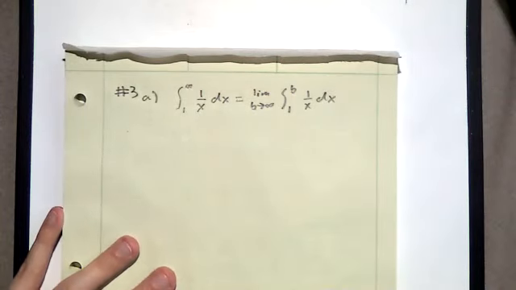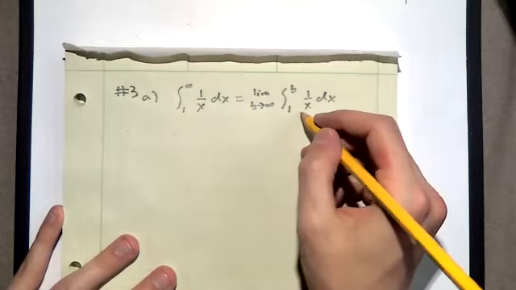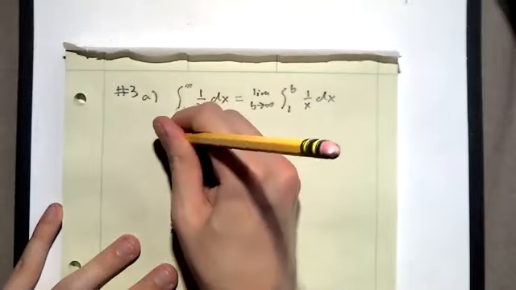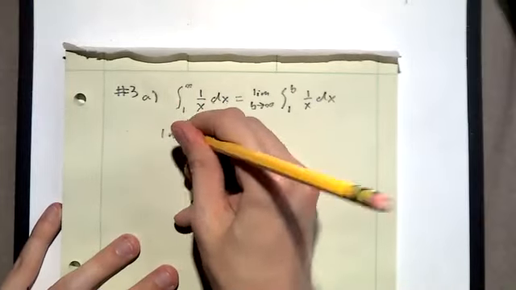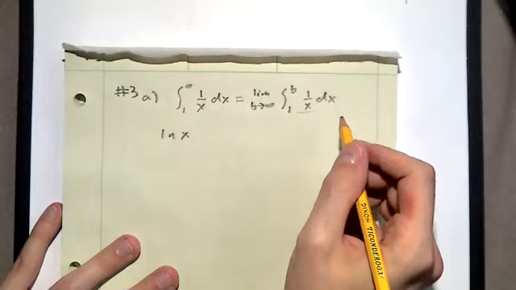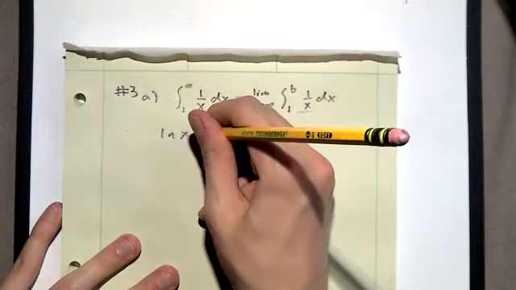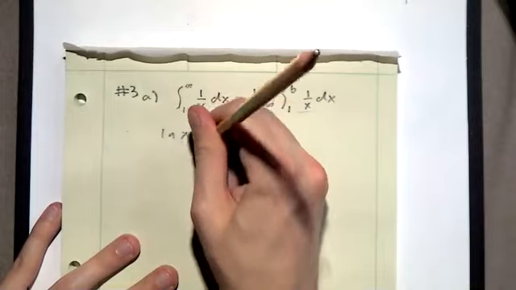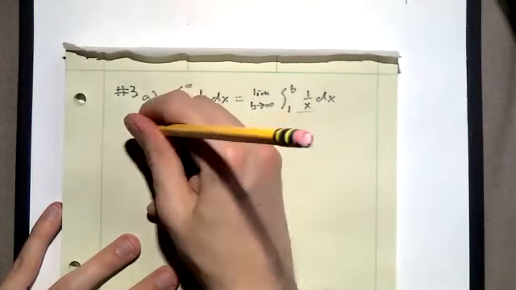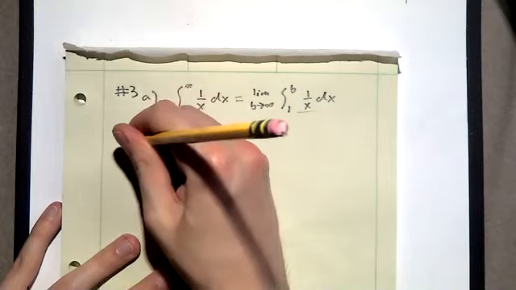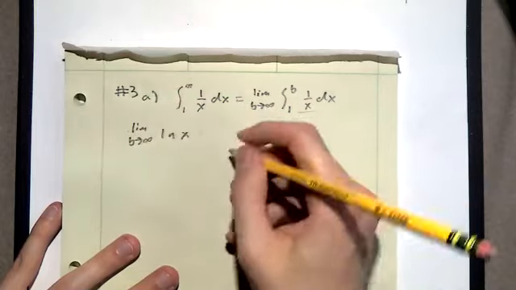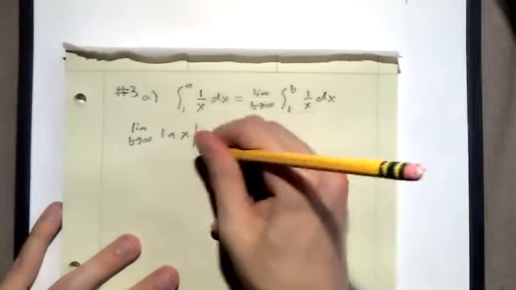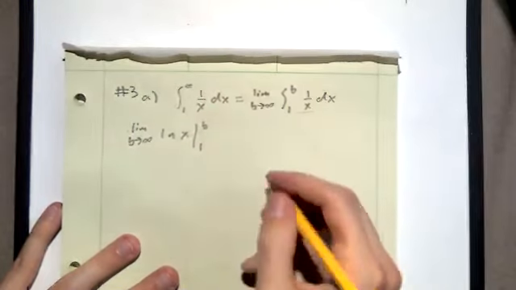So from here, what we do is we solve for the integral here. So we get the natural log of x, since this is just a very straightforward integral in this case. And then plus c, but we actually don't need to worry about that since this is a definite integral. Taking the limit, again, as b approaches infinity, ln of x, and then 1 to b.